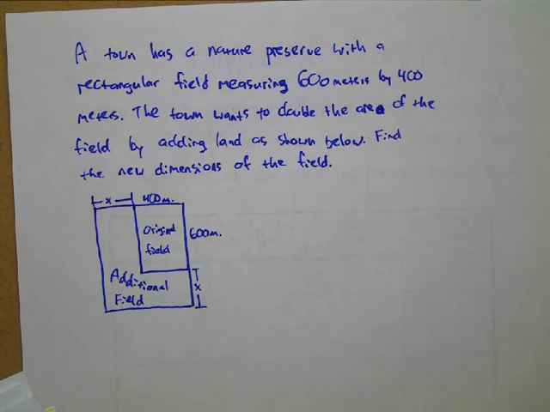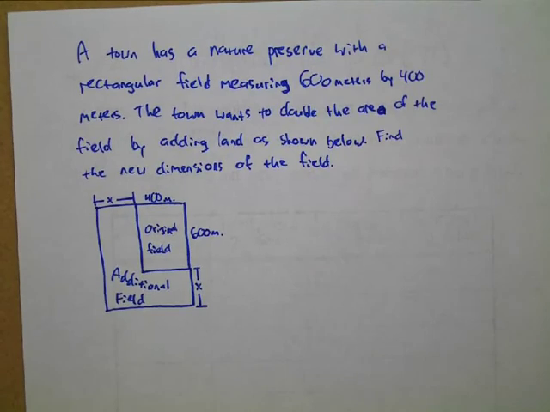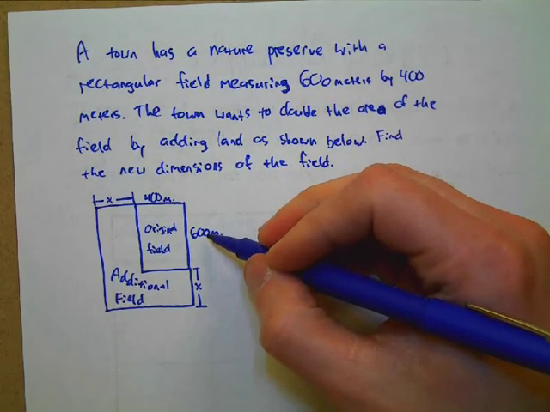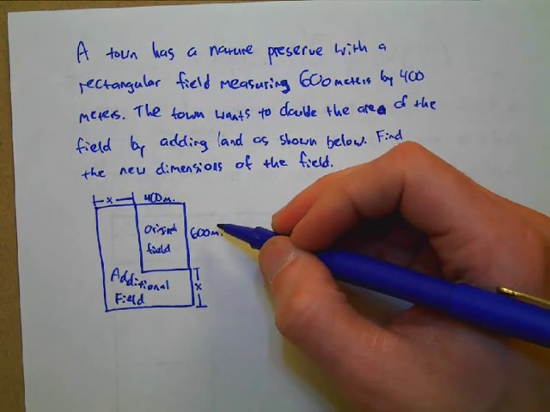Remember, our goal is we want to double the area of the field. So what is double the area of the original field going to be? 400 times 600 will be 240,000, and so then 480,000.